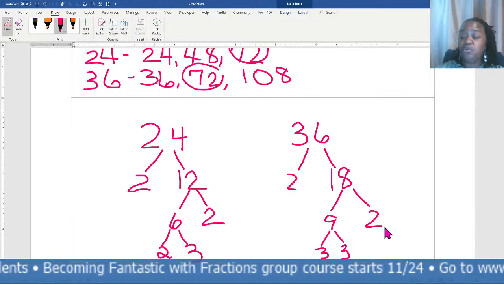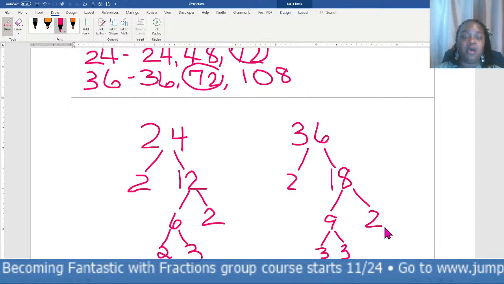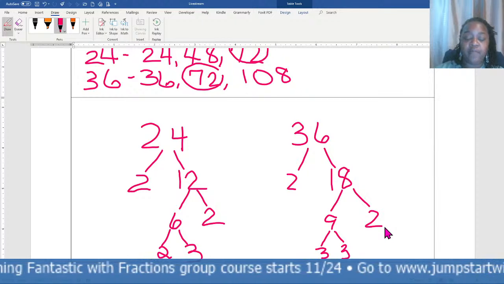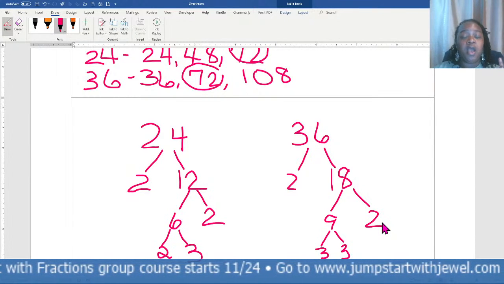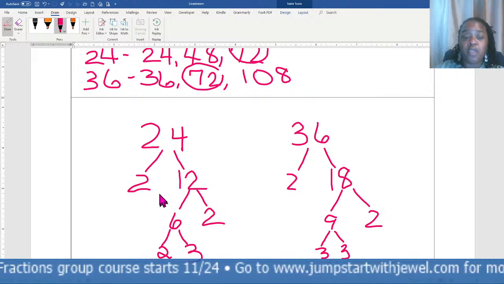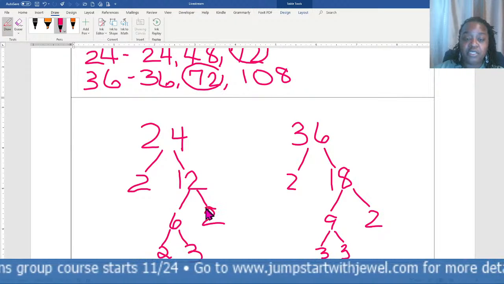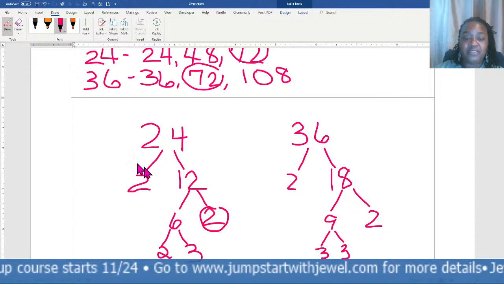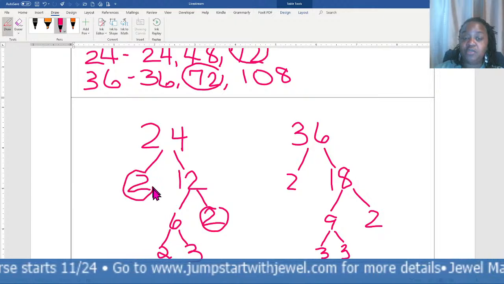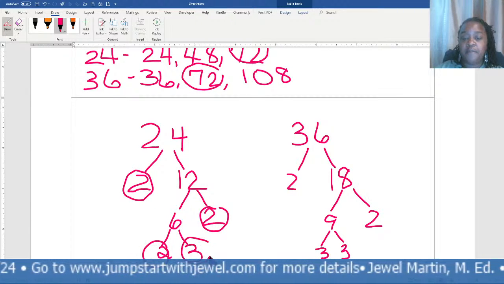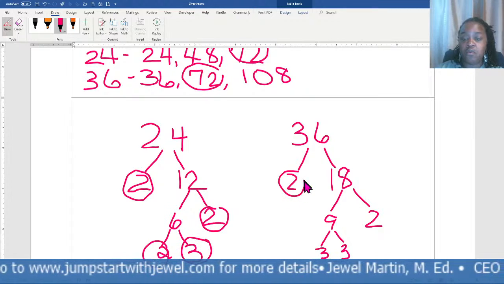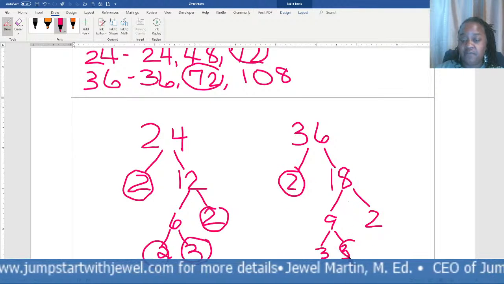So once you've done your tree, your prime factorization, the way to determine the lowest common multiple is to look at all your prime numbers. Usually you might see people circle the prime numbers. You can do that too. These are all the numbers where no more factoring can be done.